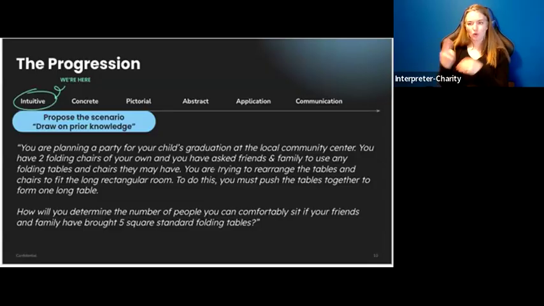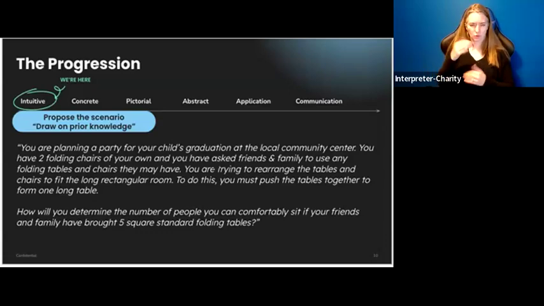You are trying to rearrange the tables and chairs to fit the long rectangular room. To do this, you must push the tables together to form one long table. How will you determine the number of people you can comfortably sit if your friends and family have brought 5 square standard folding tables? So I'm just going to give you a minute to think about the problem.